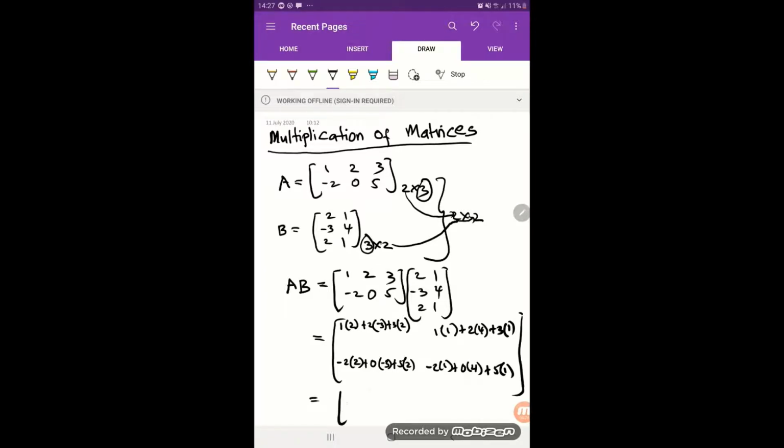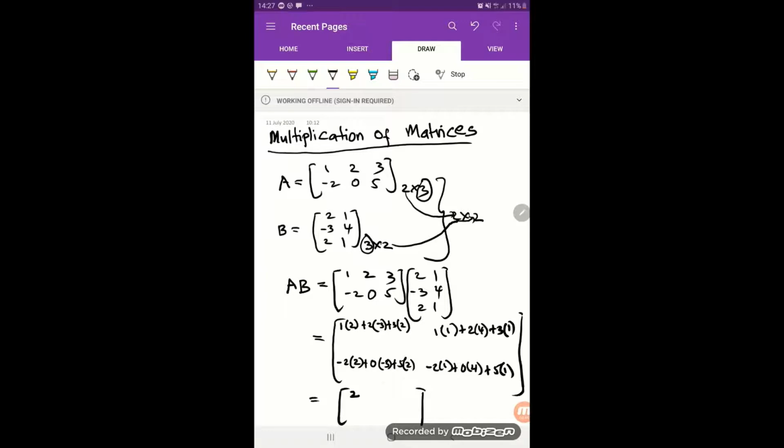So the answer, after you simplify: 1 times 2, 2. 2 times negative 3, negative 6, plus 3 times 2. So 2 minus 6 plus 6. The answer is 2. 1 plus 8 plus 3.